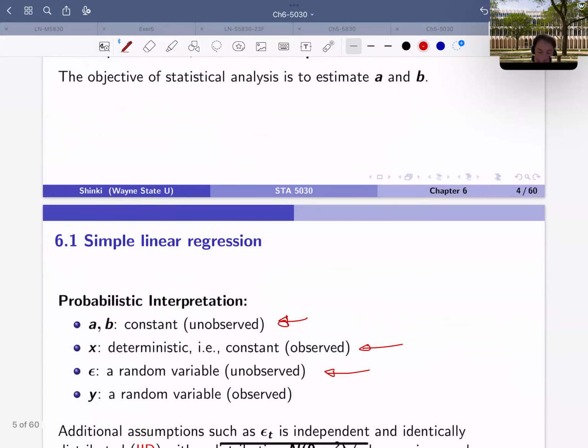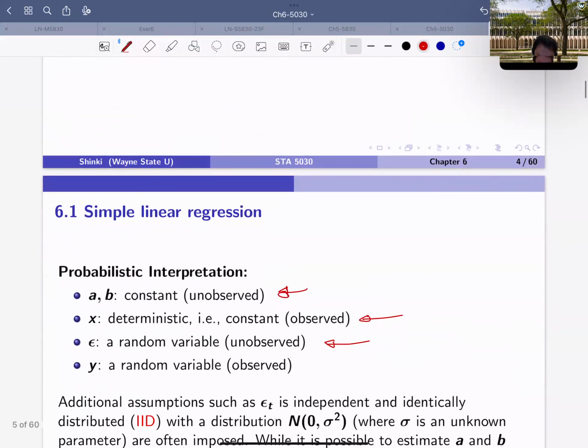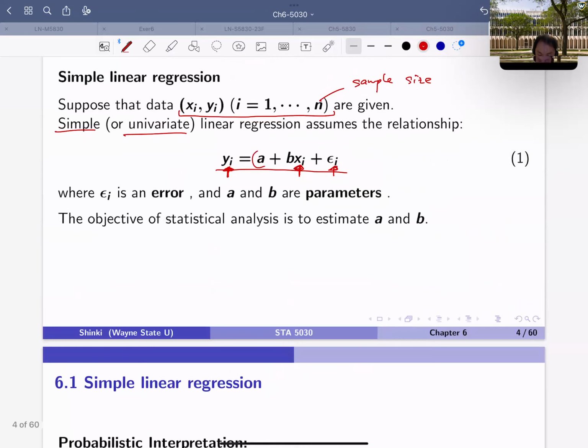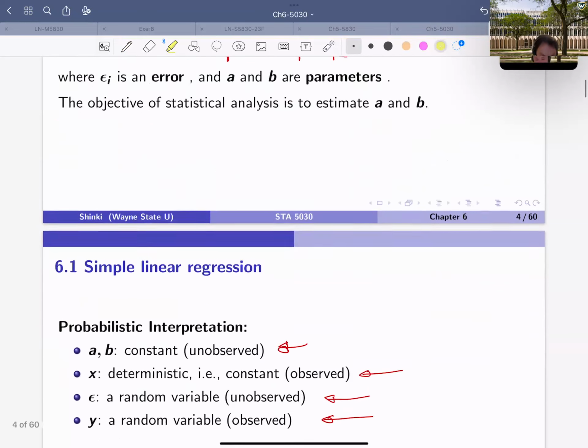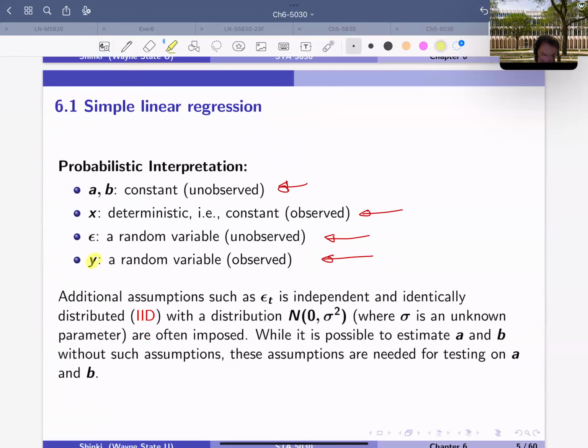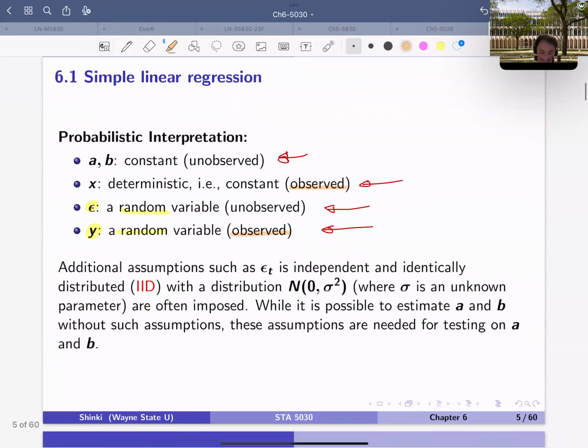So a is constant, b is constant, and x is deterministic, while epsilon i is random, so y_i is also random. x and y are observed. That is the probabilistic structure of this model.